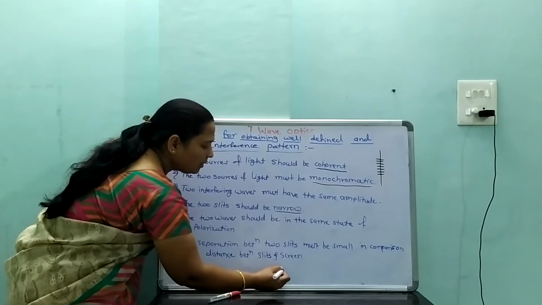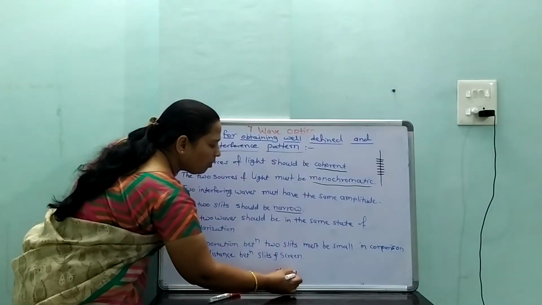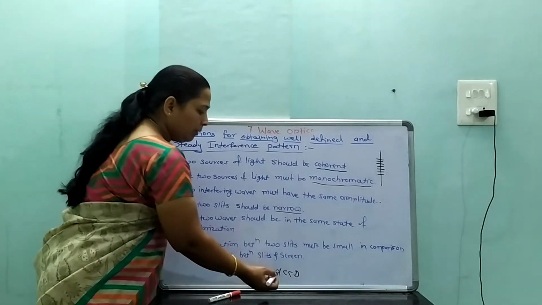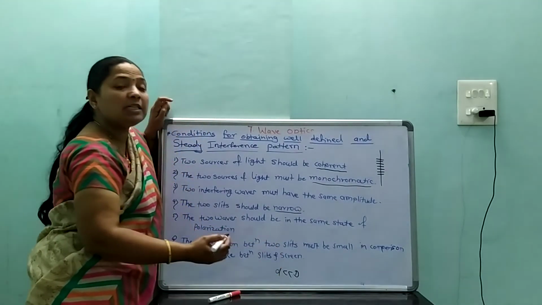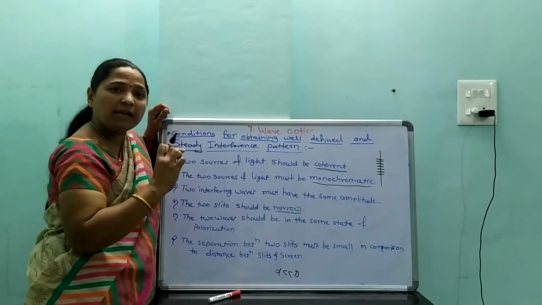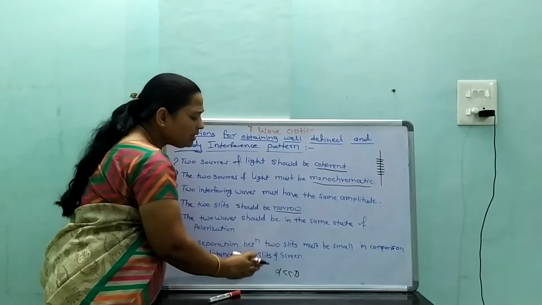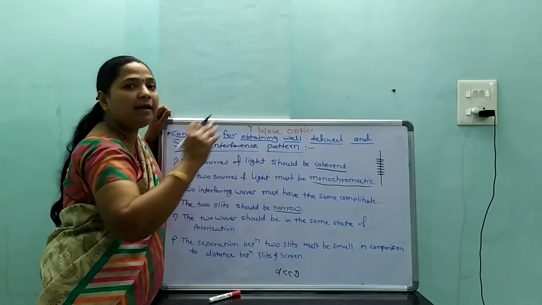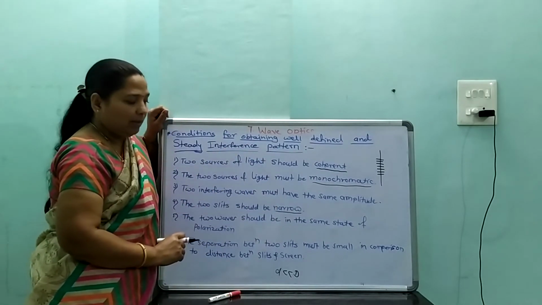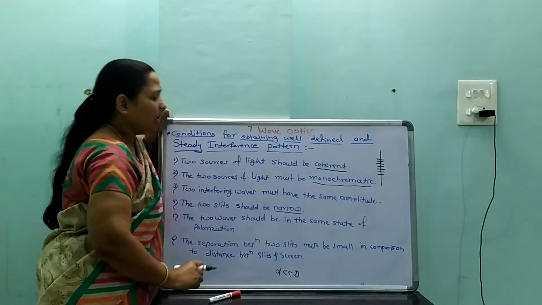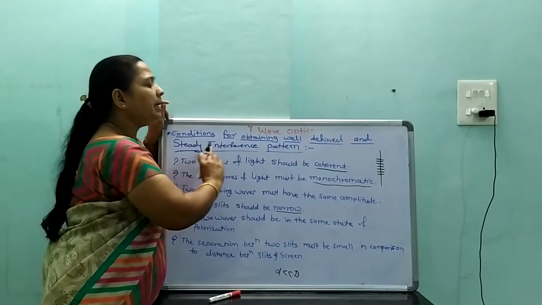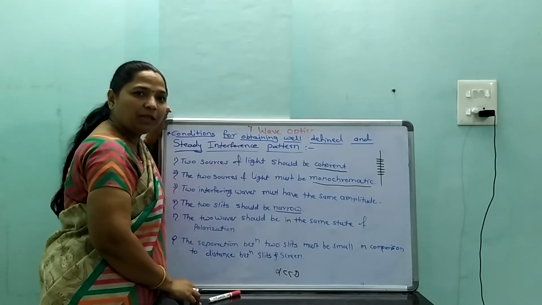Small d is very small compared to capital D. Hence, small d is the distance between the two virtual sources S1 and S2 and is very small as compared to the distance between slits and screen, capital D. These are the 6 conditions to obtain the steady interference pattern.